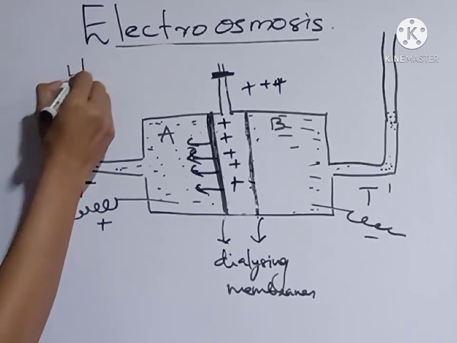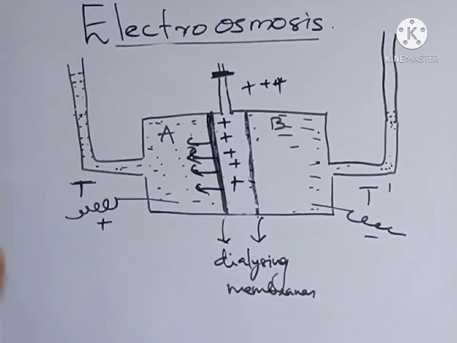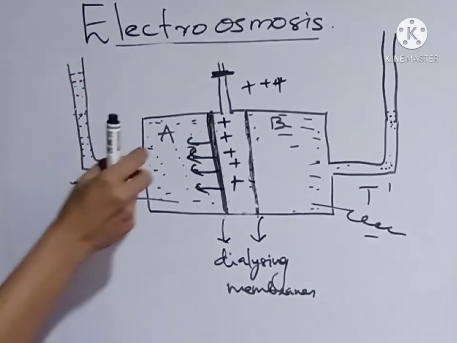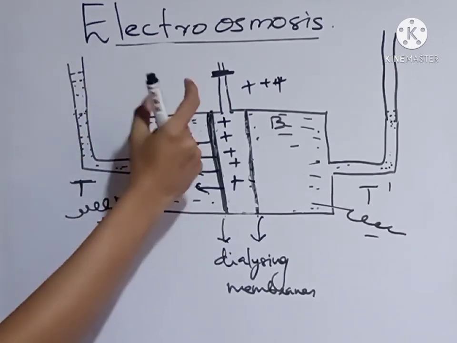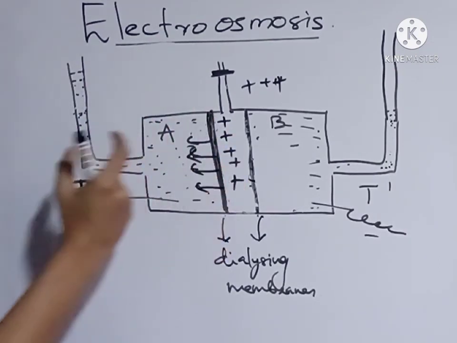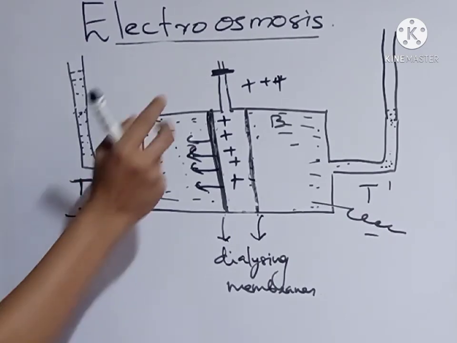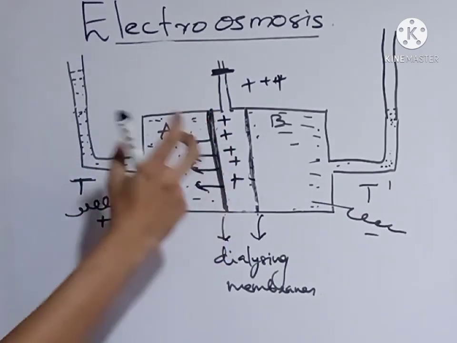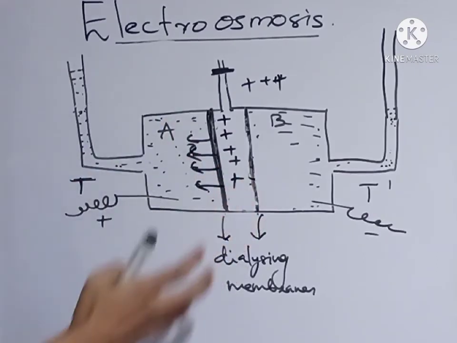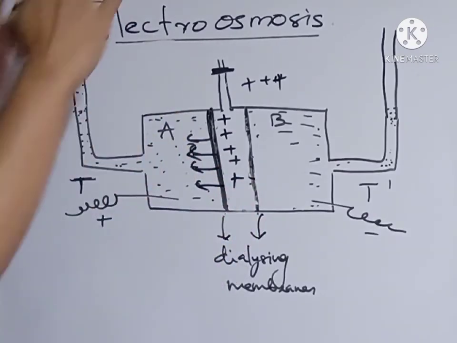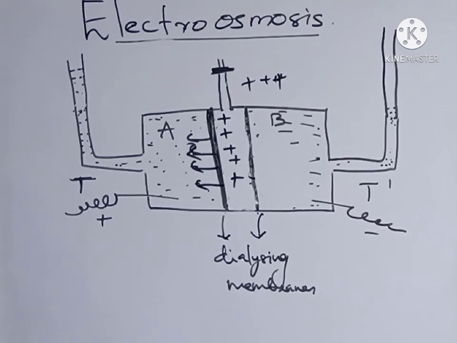From that we can identify that the dispersion medium of the colloid is negatively charged, so the colloidal particles will be positively charged. That means the colloid is a positive colloid.